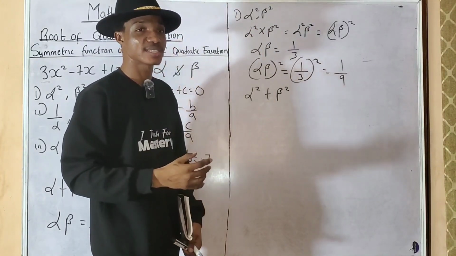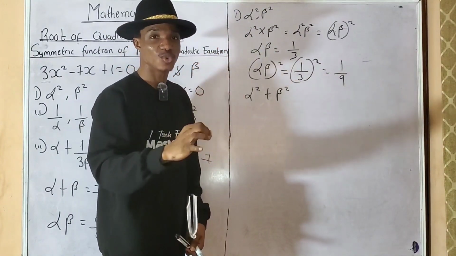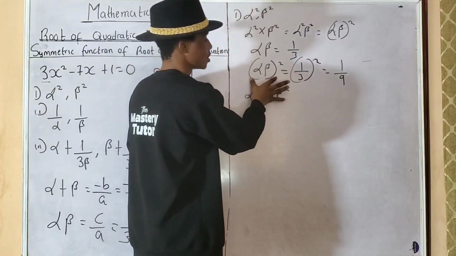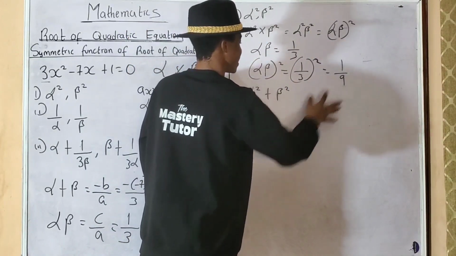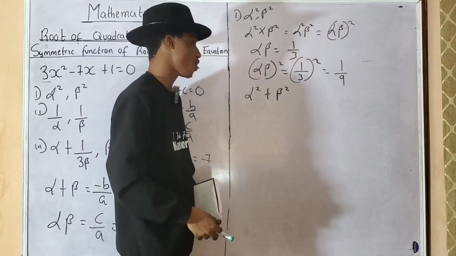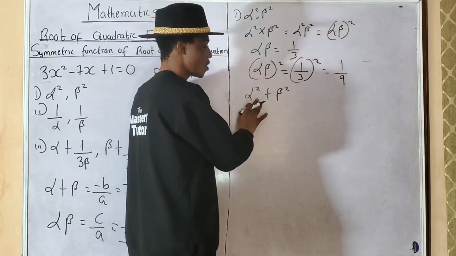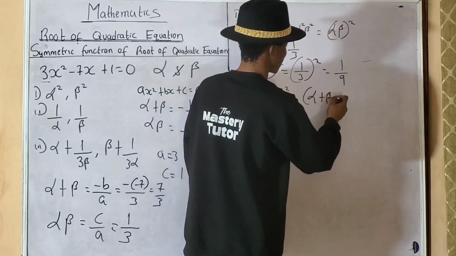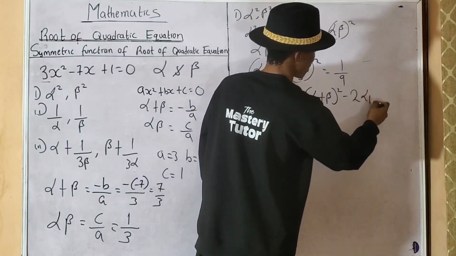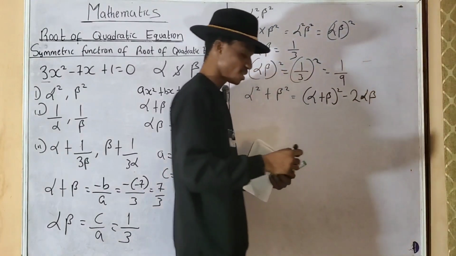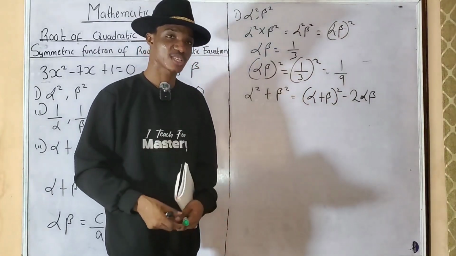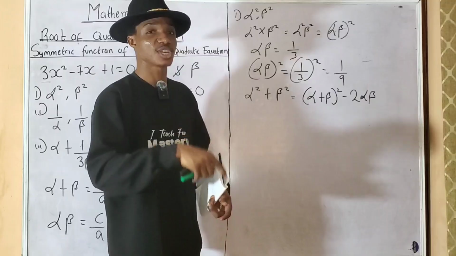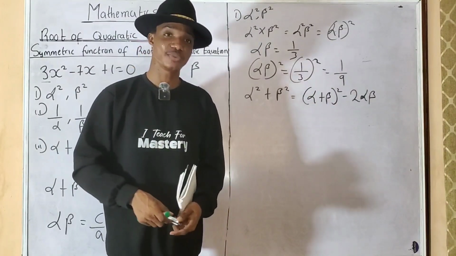So the first step is that you first have to take the sum of the roots and the product of the roots. That is what I'm doing. I've taken the product of the roots, and the product is 1/9. Now I'm taking the sum. Alpha squared plus beta squared can be expressed as alpha plus beta squared minus 2 alpha beta. If you didn't understand, that means you missed our previous class. If you want to watch the class, it is available. Just check the playlist or the link in the description of this video, okay?